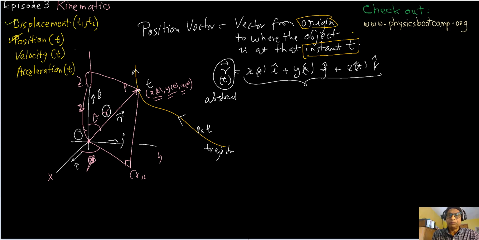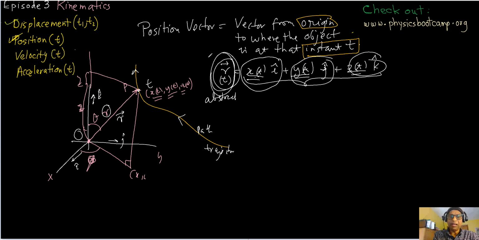So we call this decomposing into components. These are the components, multiplying unit vectors. So this is the vector along the x-axis, this is the vector along the y-axis, and this is the vector along the z-axis, and they add up in a vector fashion to give me the abstract vector. We're going to call it position vector.